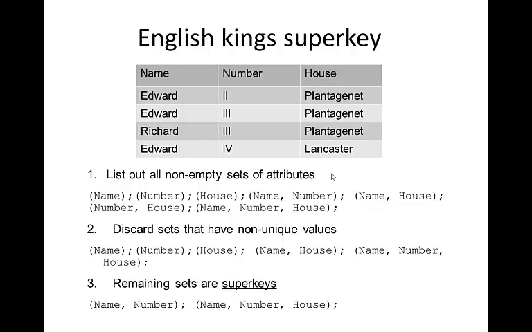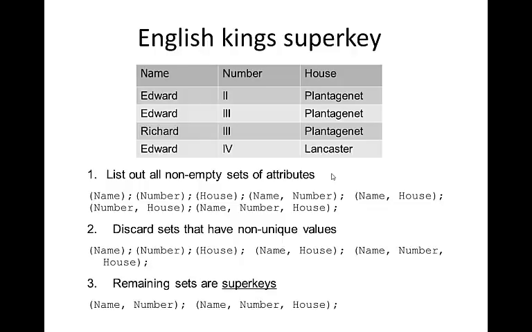We discard sets that have non-unique values. So for example, we've got name and number, which is unique, while name and house is not unique.